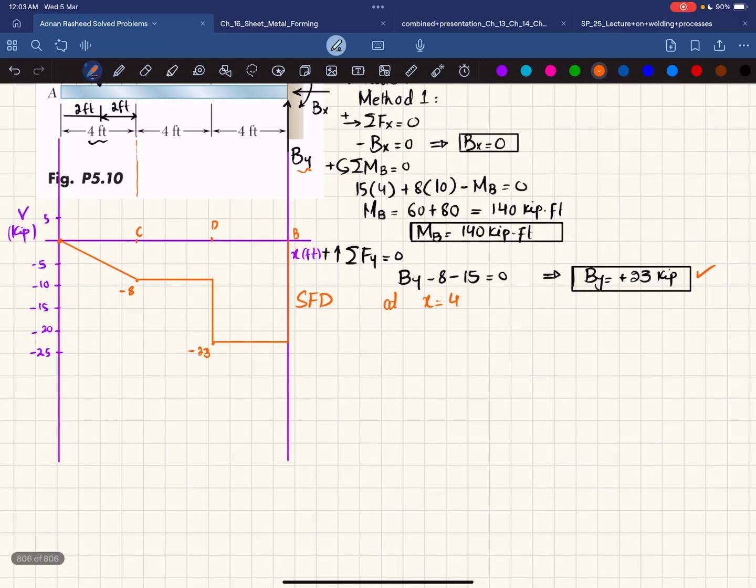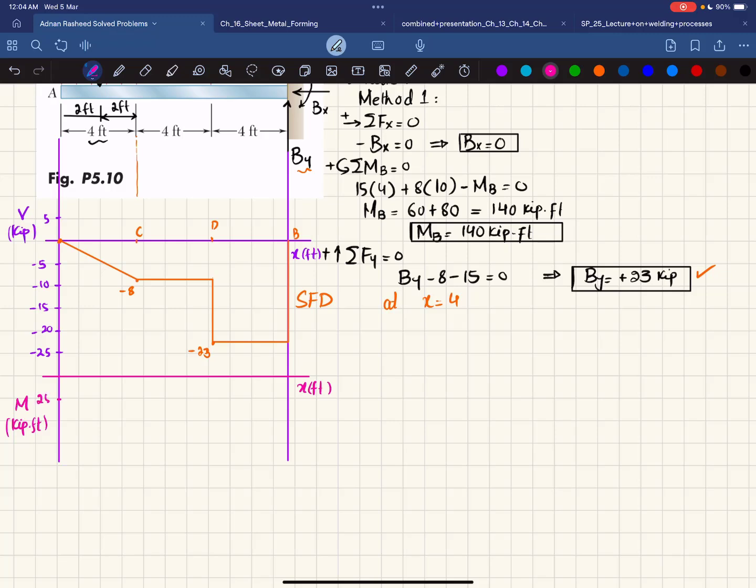So for the bending moment diagram, again, what I have to do is draw a horizontal line to show x in feet. And on the y-axis, you have moment, which will be in kips-feet. Okay. Let's take one division equal to 25.